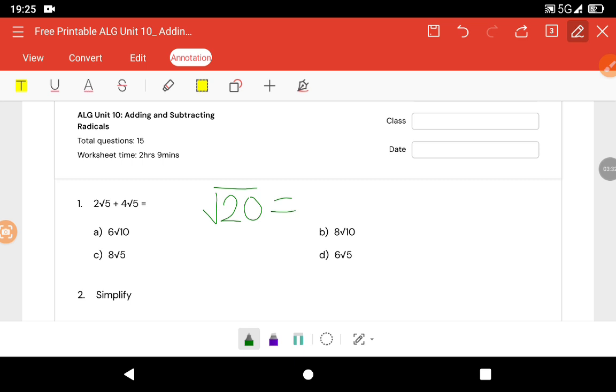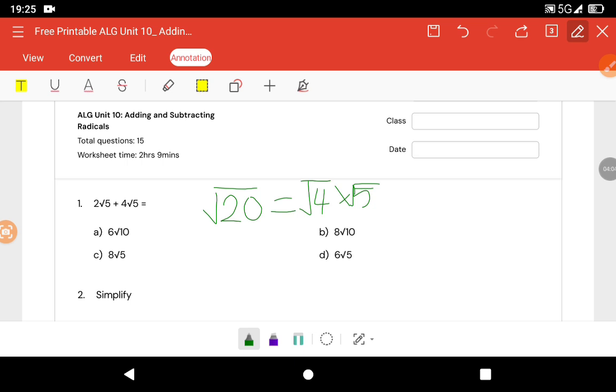Okay, so we're going to break down this radical 20 to bring out the perfect square. So 20 can be written as root 4 times root 5. Check it out. And the aim is to bring out the perfect square there so that we can take the square root. Remember, you can easily take the square root of perfect squares.